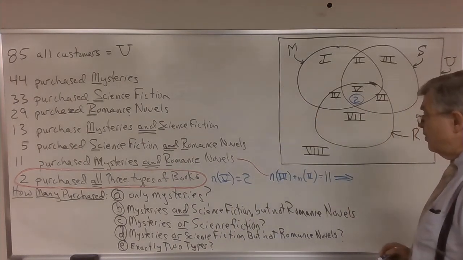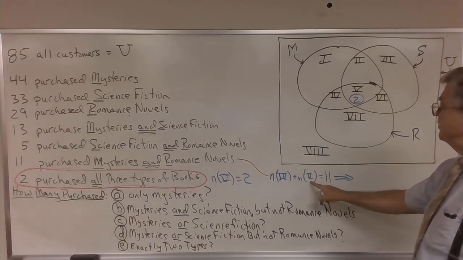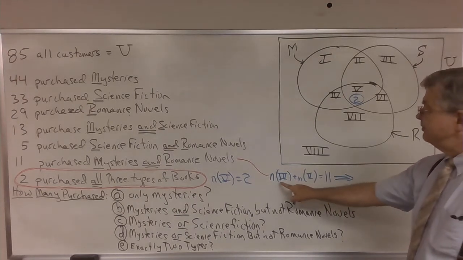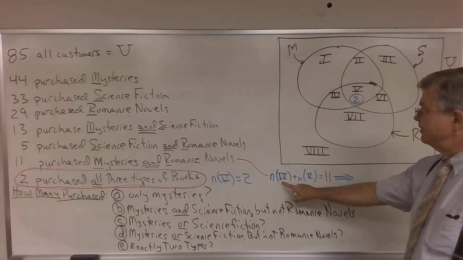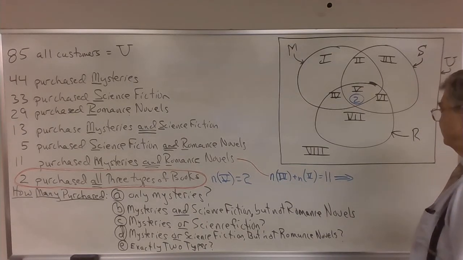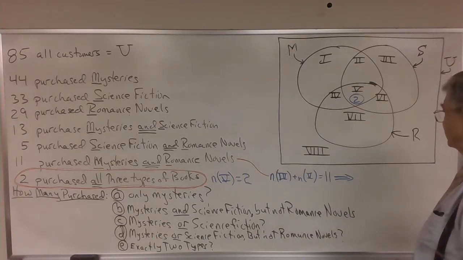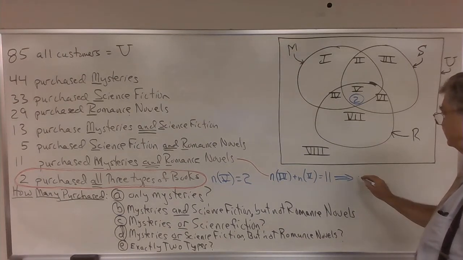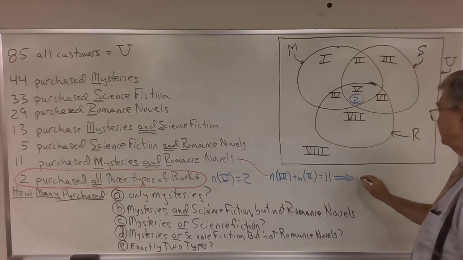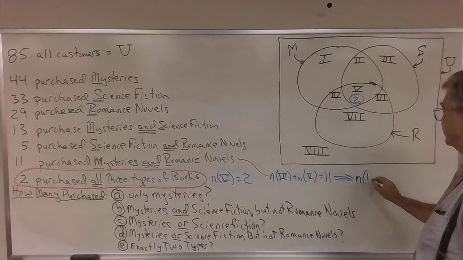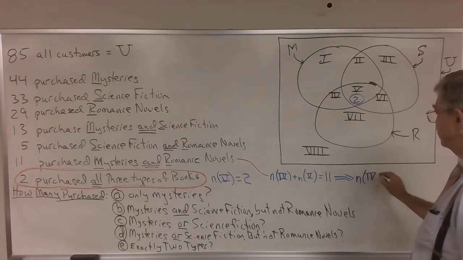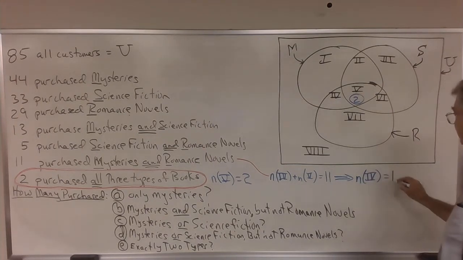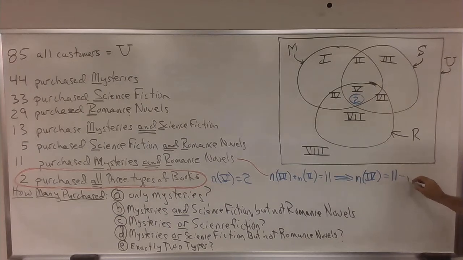And I know how many people are in region 5. So I'll solve for the number of people in region 4. So that means number of people in region 4 equals 11 minus the number of people in region 5.